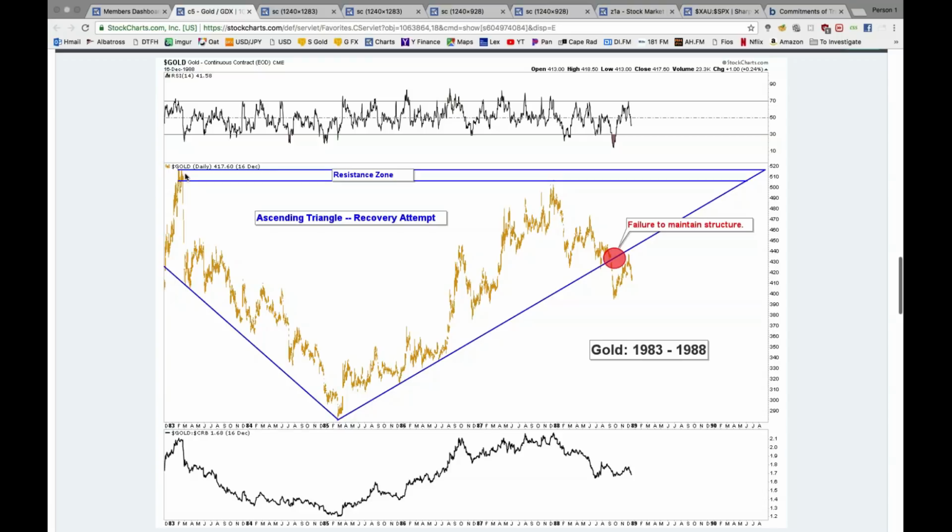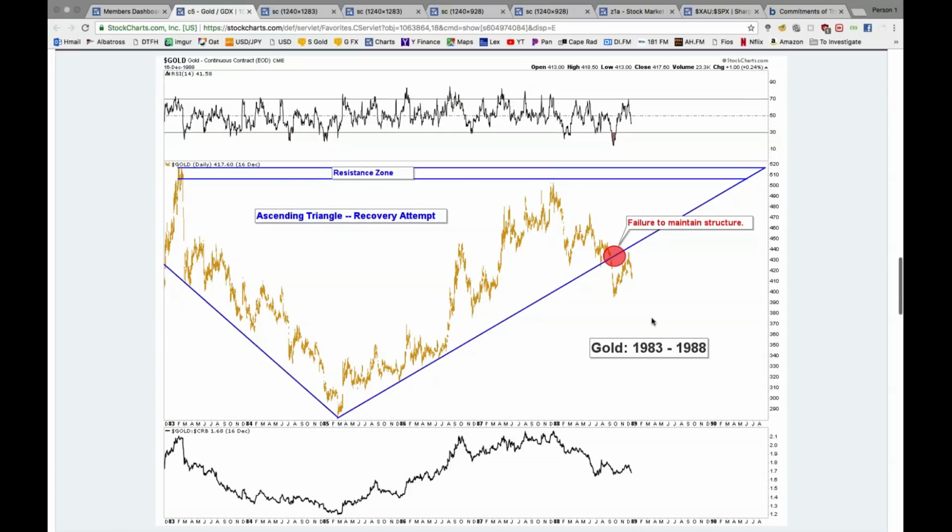And so when a market is forming this pattern, if we take the right hand of it, it's something of an ascending recovery attempt forming a triangle shaped pattern. But you can see what happens, and I think sometimes the most simple forms of technical analysis are the most powerful. We can see what happens when the market fails to hold a structure to the recovery.